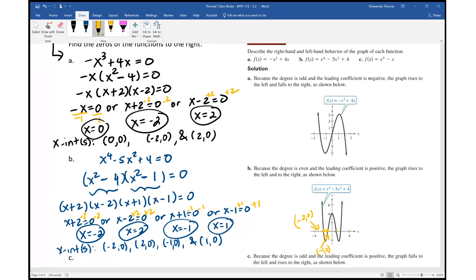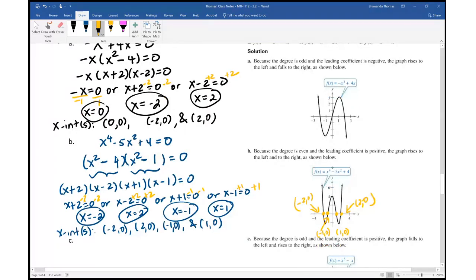This would be our (1, 0), and this would be our (2, 0). Now notice again we have x to the 4th, so the ends will act like the quadratic function, meaning both ends will go up.